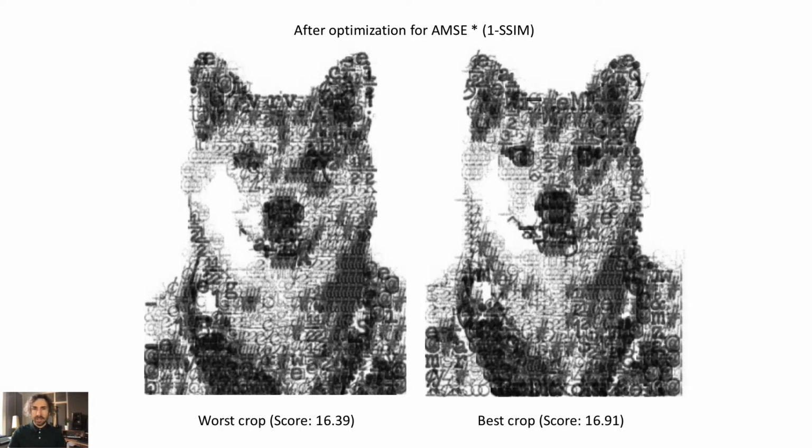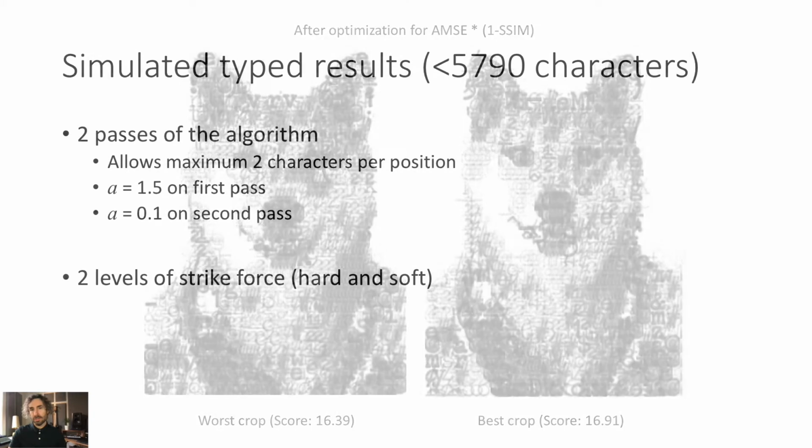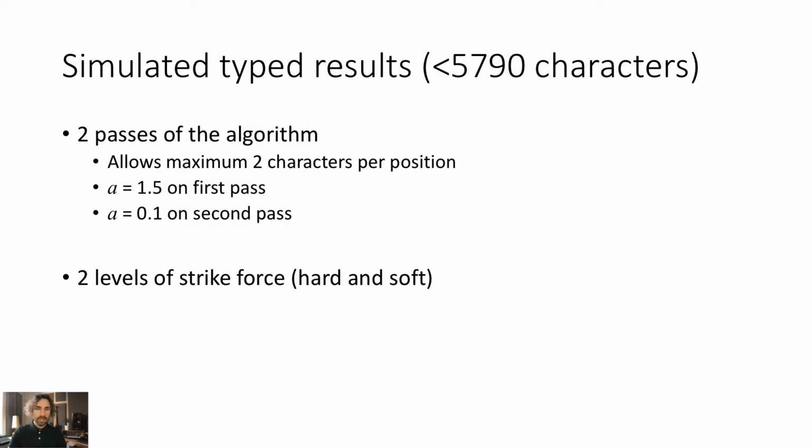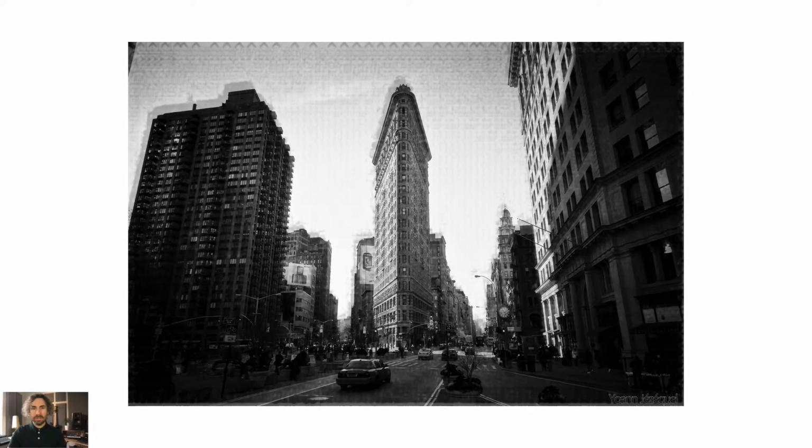Since these things take a really long time to type, we did most of our evaluation on the simulated results. To find out if 1,000 words can indeed paint a picture, we can limit ourselves to some number of characters. For these results, we use 2 characters per position and 2 levels of strike force. We tried out a variety of test images without any manual optimization of hyperparameters.